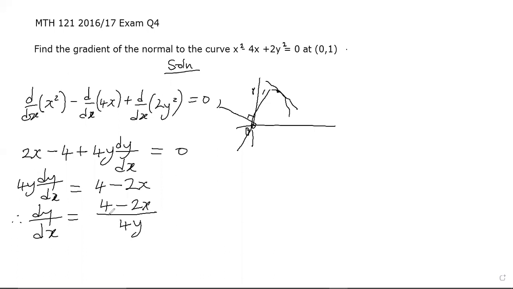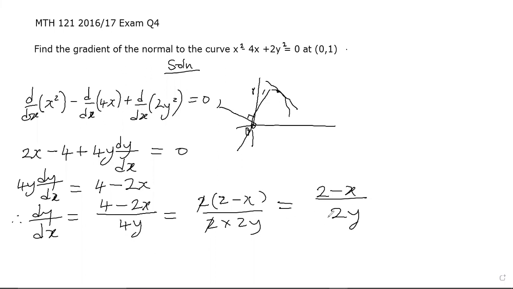This is our dy/dx. dy/dx is equal to (4 minus 2x) over 4y, which is the same thing as 2 times (2 minus x) divided by 2 times 2y. 2 will cancel 2. So finally you have (2 minus x) divided by 2y. And so we've simplified that.